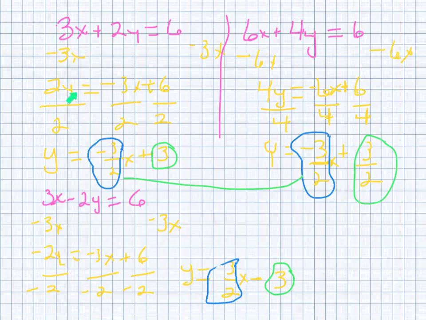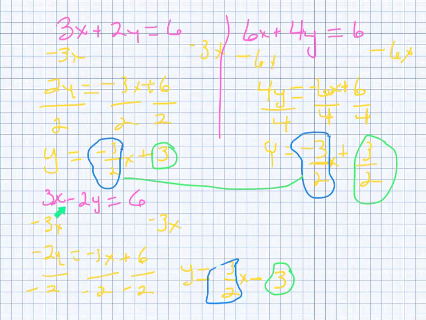And then I end up with 2y equals negative 3x. Again, I put the x closest to the equal sign, plus 6. I divide everything by 2. I am left with y equals negative 3 over 2 x. And I won't put this over 1 because I already have the rise and the run here. Plus the 3 is the y-intercept.